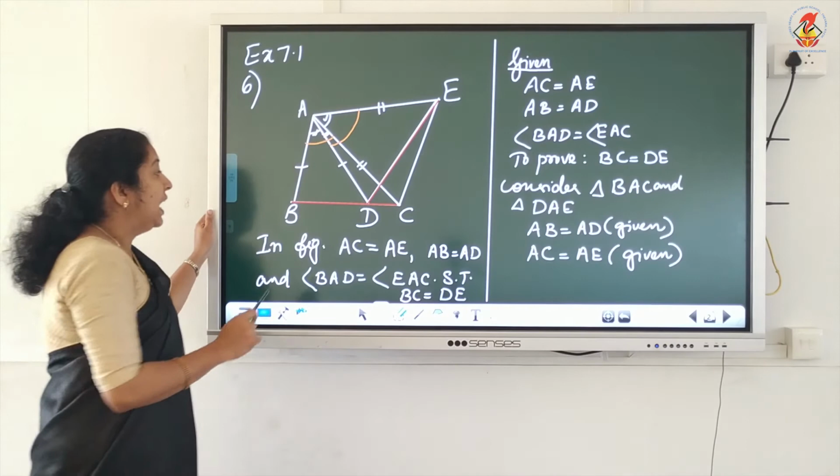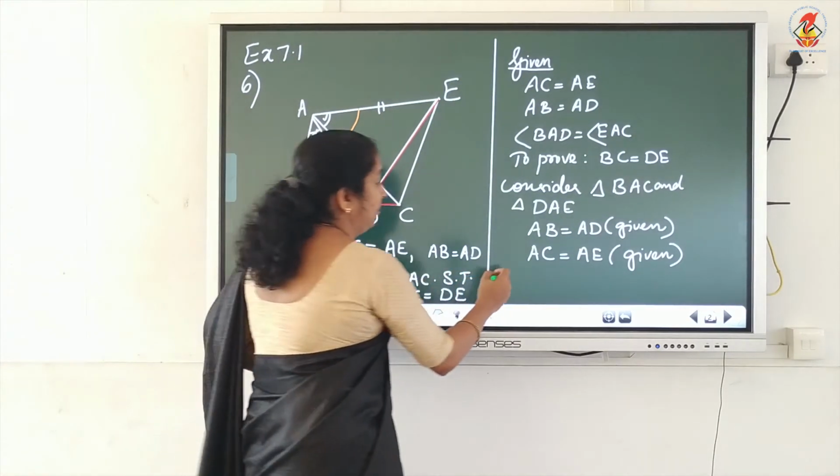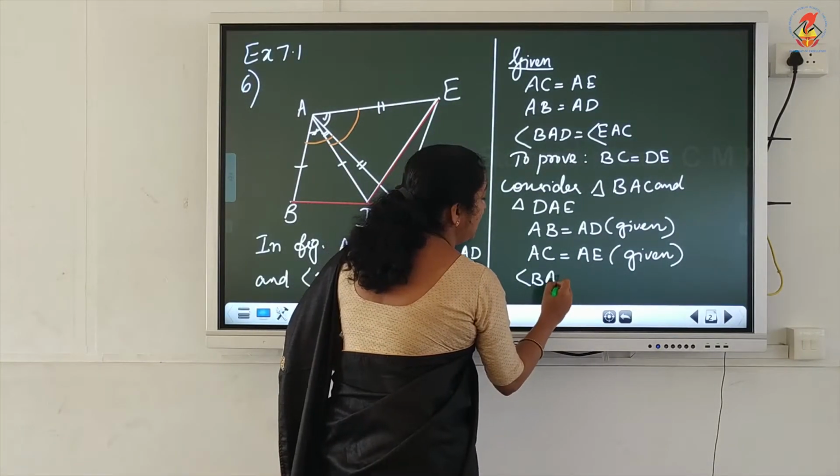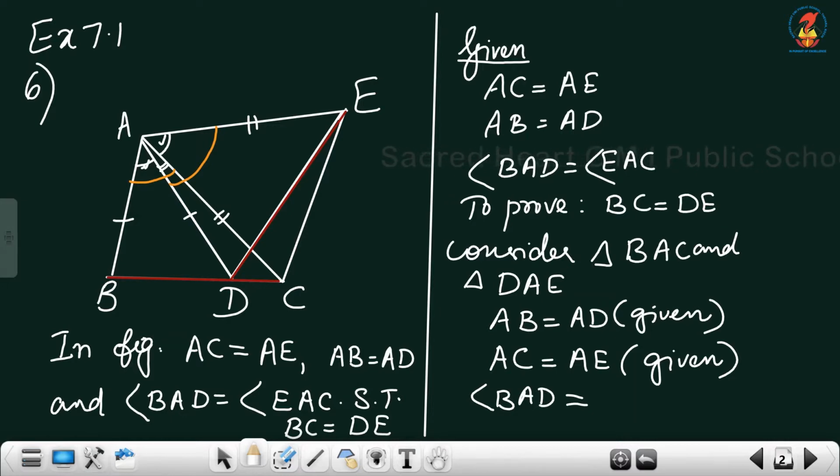But it is given that angle BAD is equal to angle CAE. We have to get this fully. So, for that we have to add the small part, that means angle DAC, to both sides.